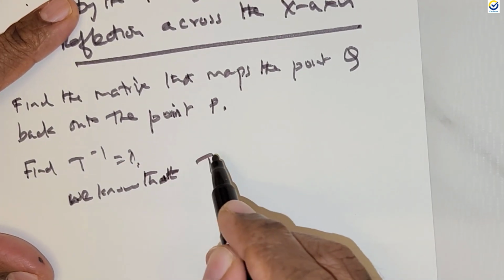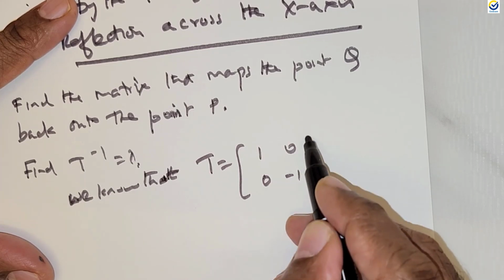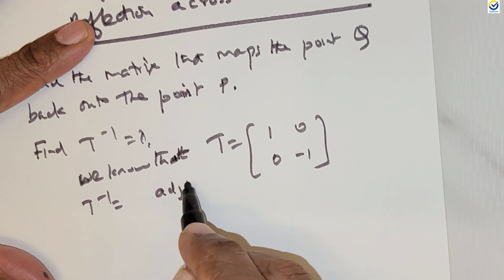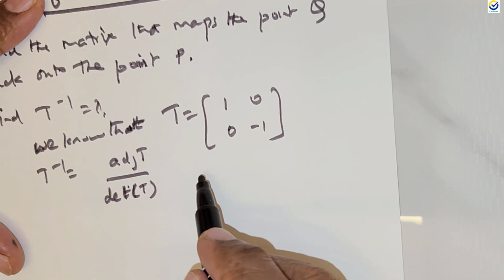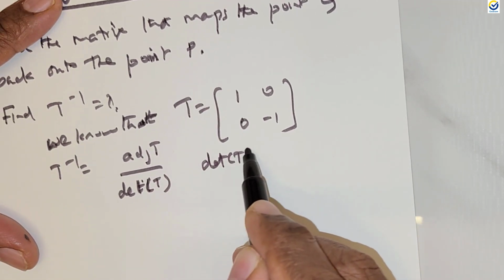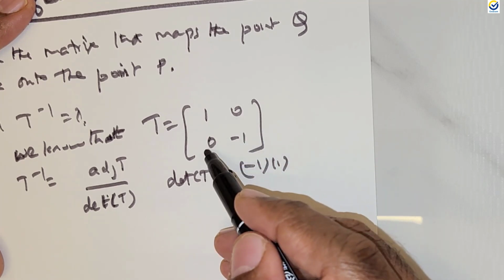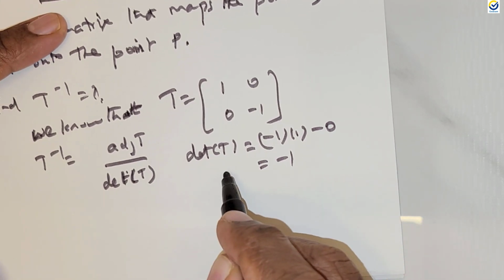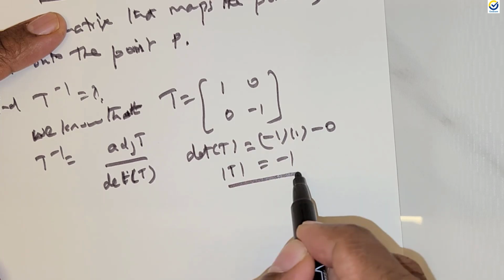We know that T is given as [1 0; 0 -1]. To find the T inverse, we will have to get the adjoint of T and divide it by the determinant of T. So foremost let me find the determinant of T, which means we multiply -1 with 1, and 0 times 0 is going to give us 0. So this is going to be -1, which is the determinant of the matrix T.